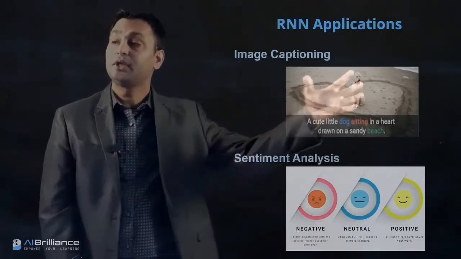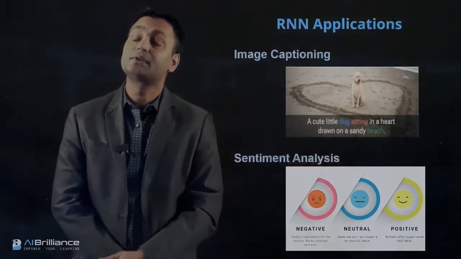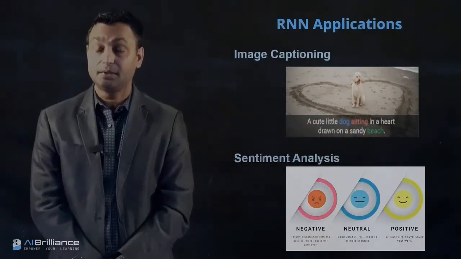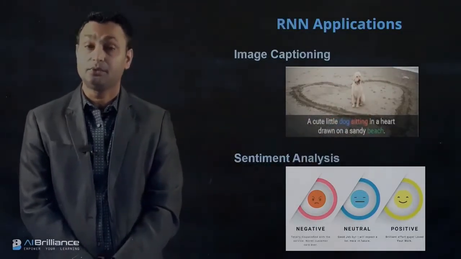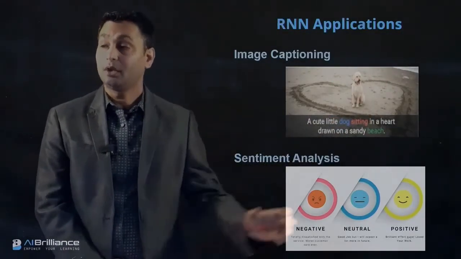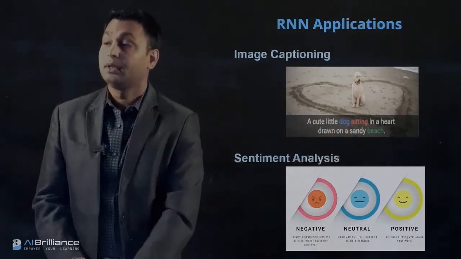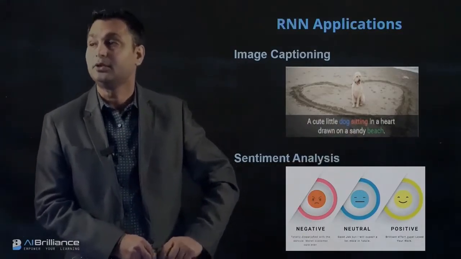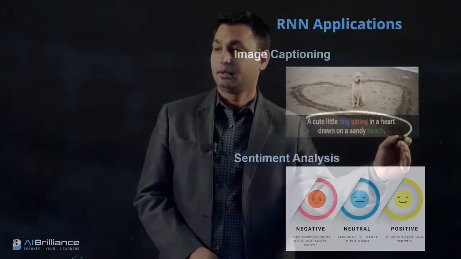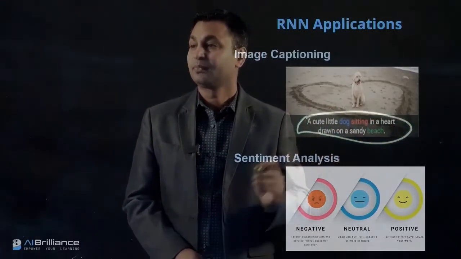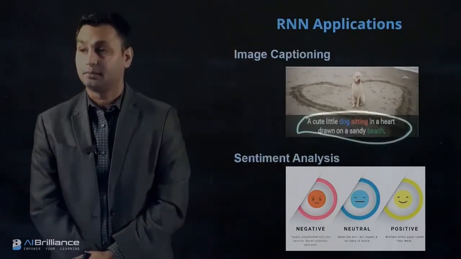One of the problems where RNNs are typically used is where your input is a single image. For example, the image that you see with this dog here might be your input, and what you need to output is a caption that helps describe this image.